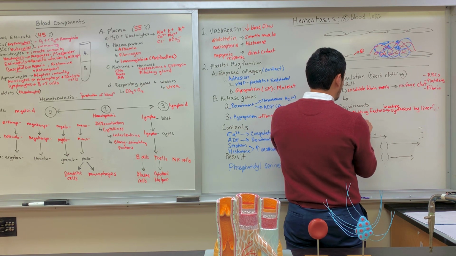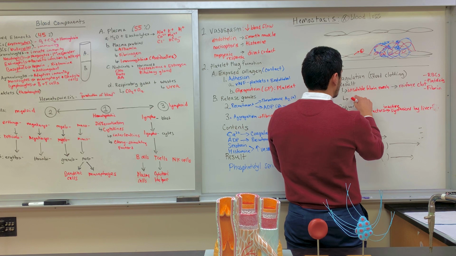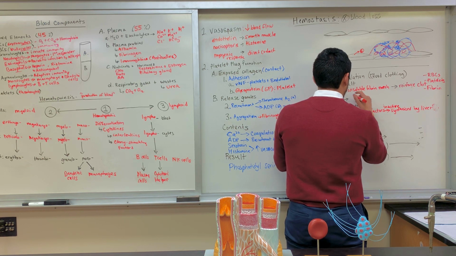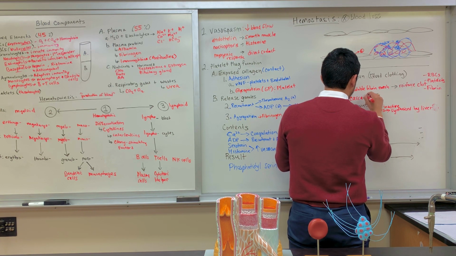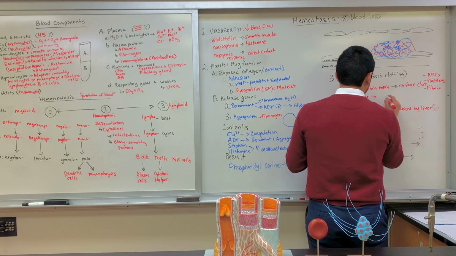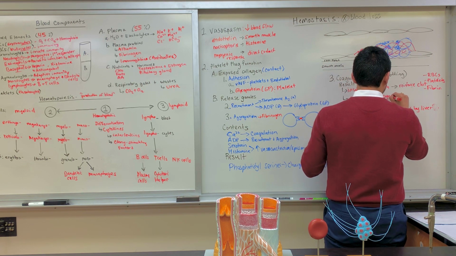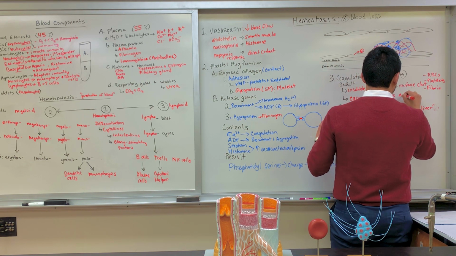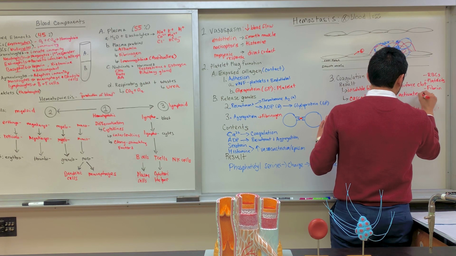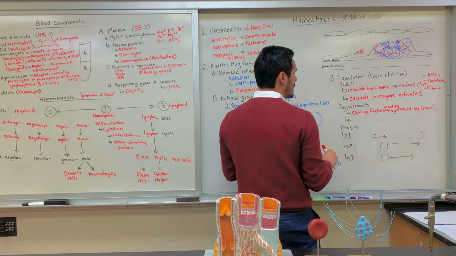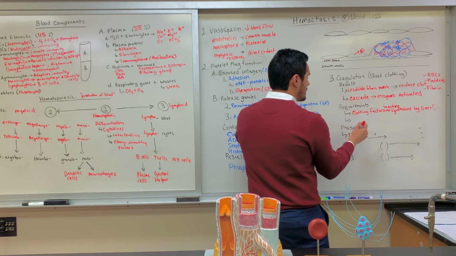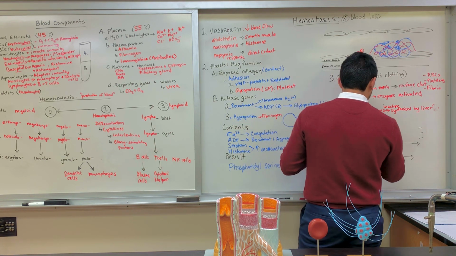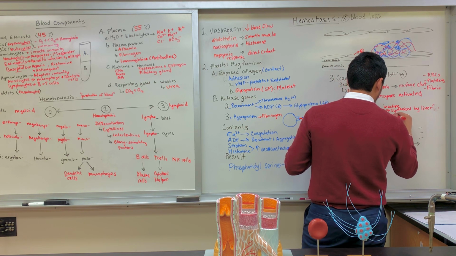So that's what leads me to the result. The result of this is a cascade, a cascade in which enzymes become activated. These clotting factors are indicated by Roman numerals.